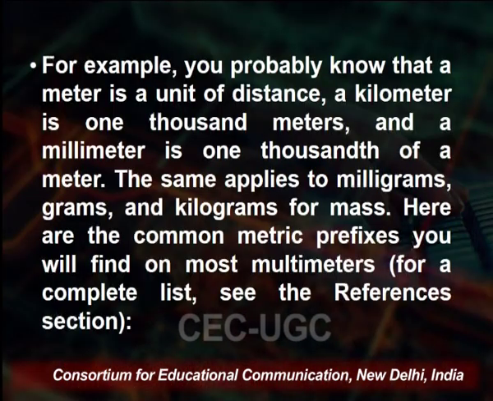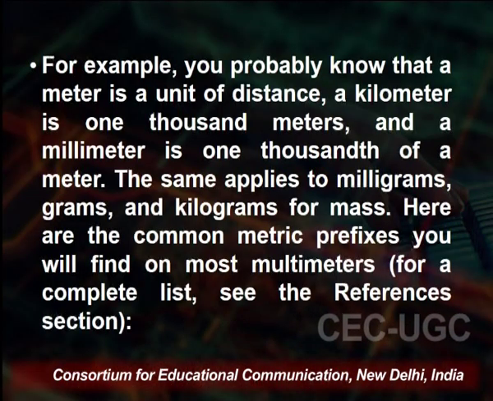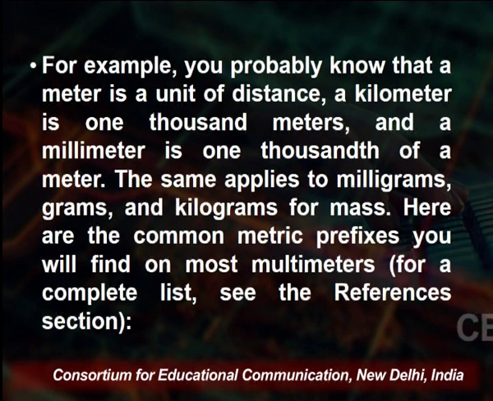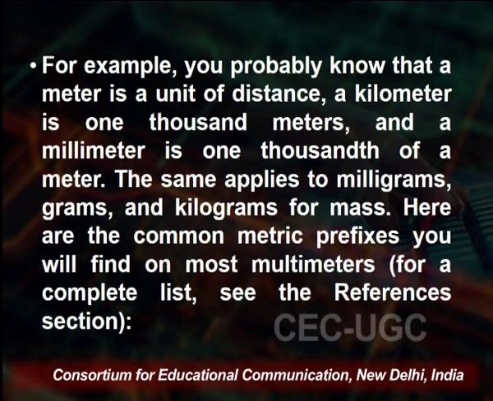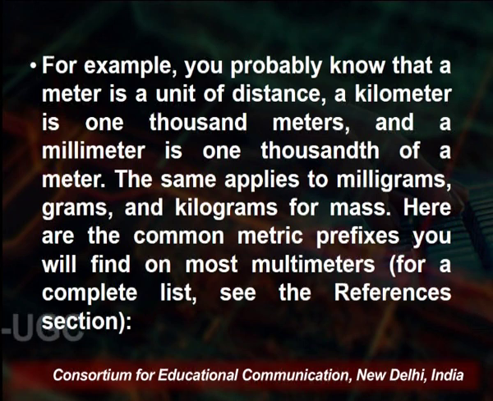For example, a meter is a unit of distance, a kilometer is 1000 meters, and a millimeter is one thousandth of a meter. Kilo means 1000, and millimeter means 10 power minus 3. The same applies to milligrams and kilograms of mass.